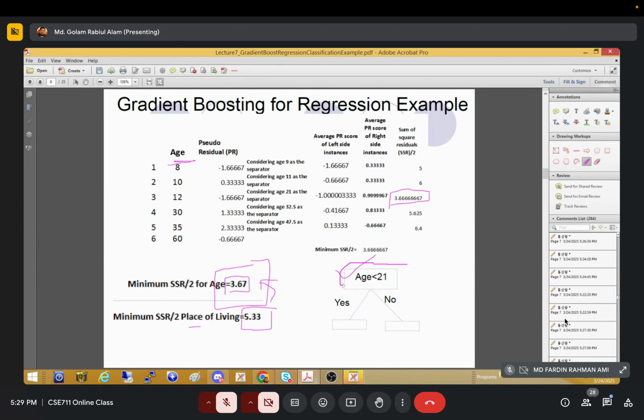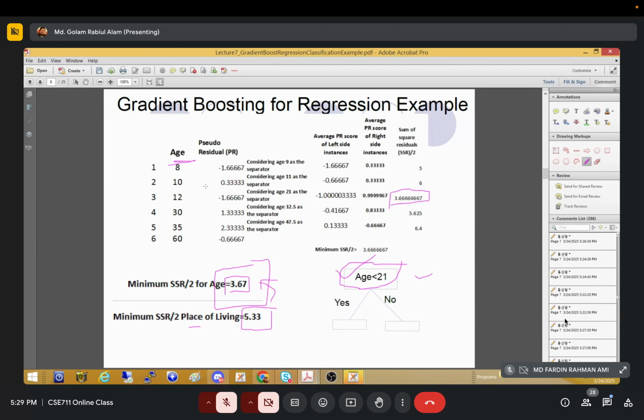So that means in our gradient boosting regression, when we construct the gradient boosting regressor, there is one kind of tree, and in that case the root of that tree will be age less than 21. That will be our root of the regression tree.